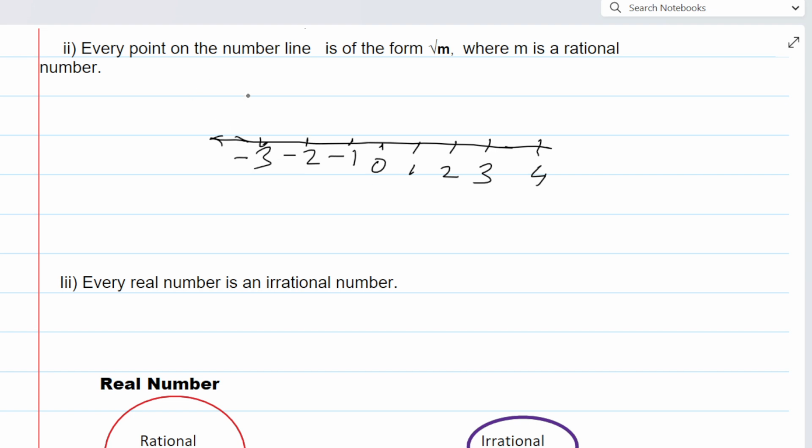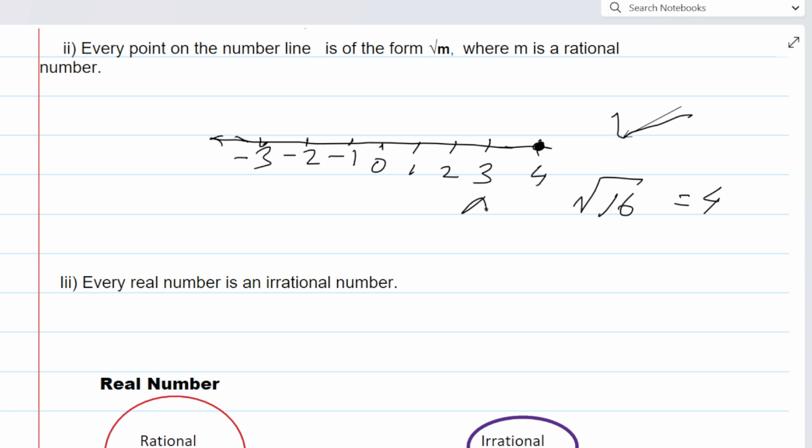Okay, so every point, for example, let's take this point, 4. Can I write this point in the form of a root? Okay, this 4 I can write as root 16.